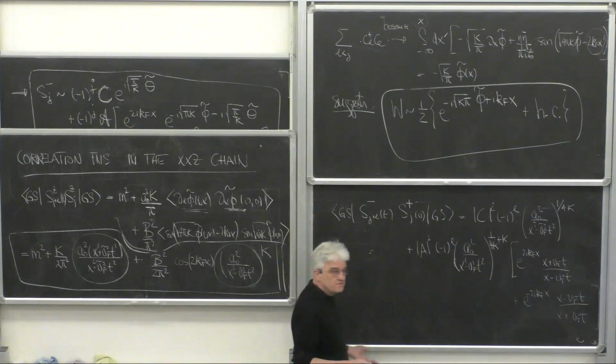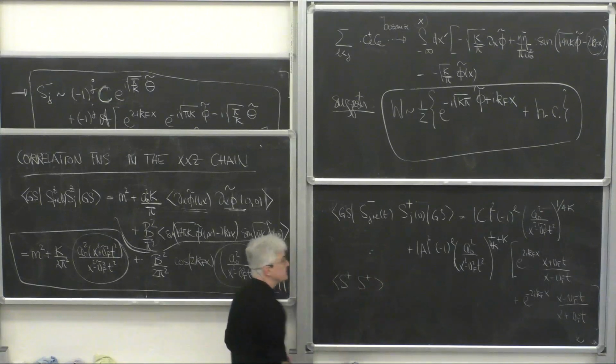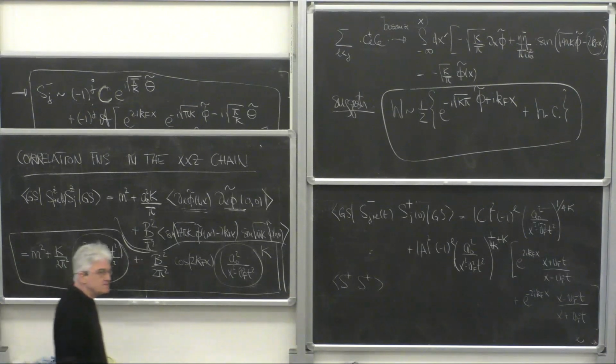Those are all of the spin-spin correlation functions. So why don't I have to consider, I don't know, S plus, S plus? What does that mean? Yes?